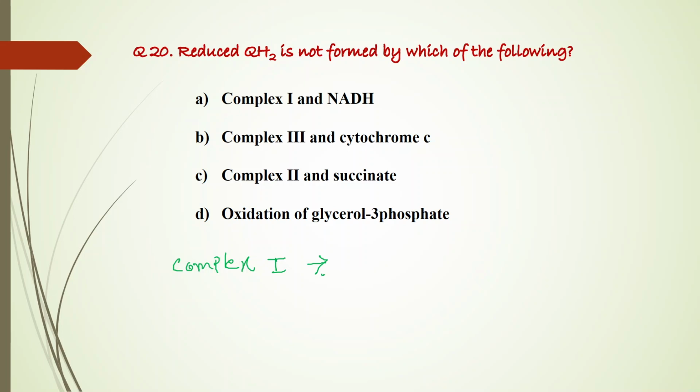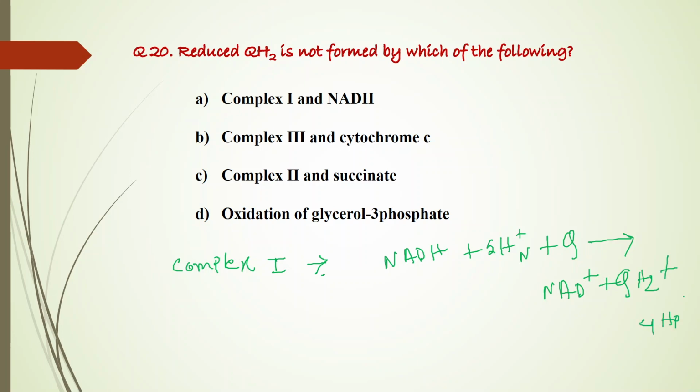Complex 1, the reaction is NADH, 5H plus getting transported from the N side. With the help of Q, NADH gets transferred to NAD plus. We have our QH2 and 4 protons go to the P side.